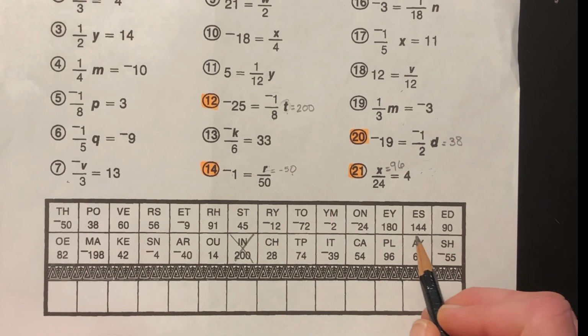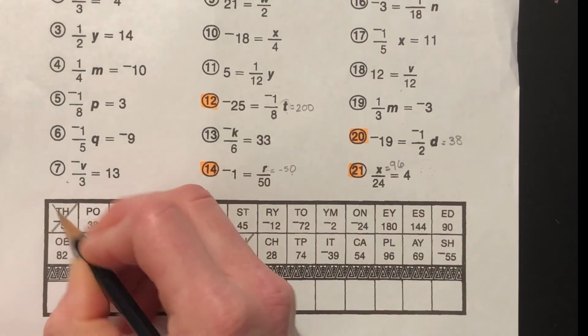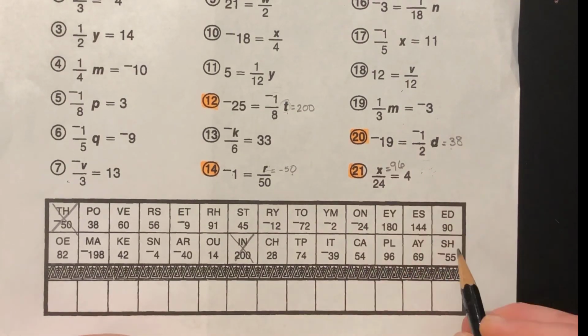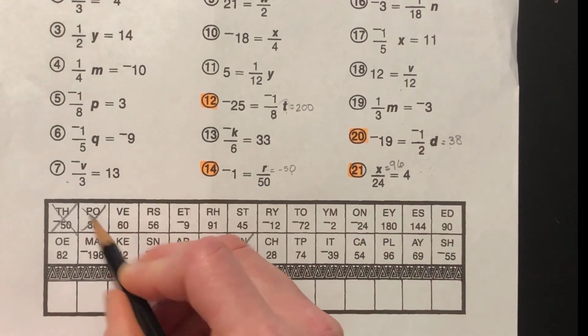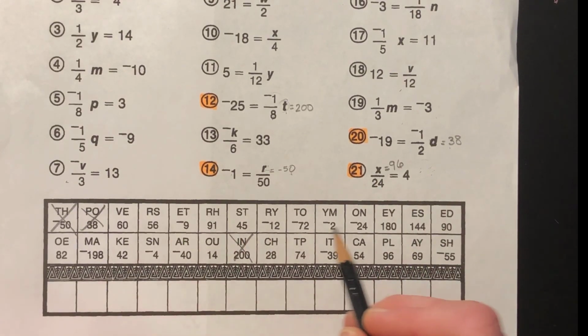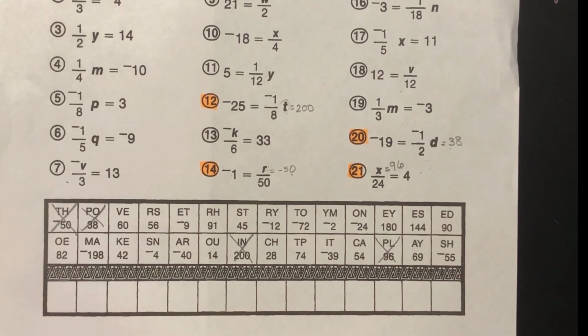Negative 50. Oh, here it is. Oh, it was hiding from me for sure. 20 is 38. Okay, found that one faster. And 21 is 96. 96, here it is. Whew. All right, so we have eliminated those 4, and that is 4 closer to solving the riddle.